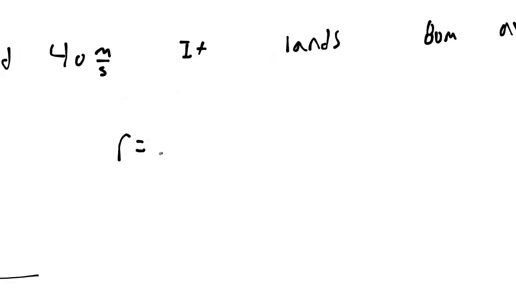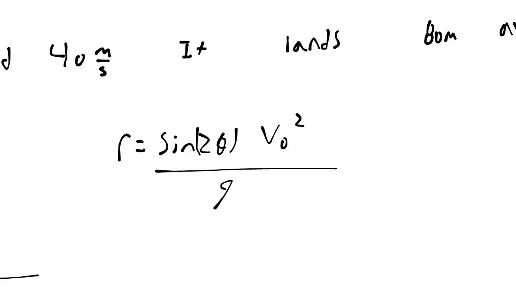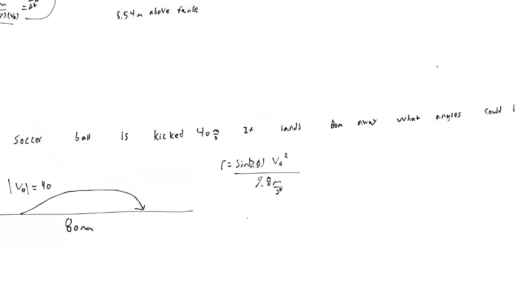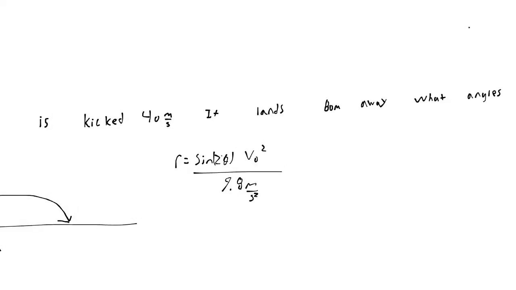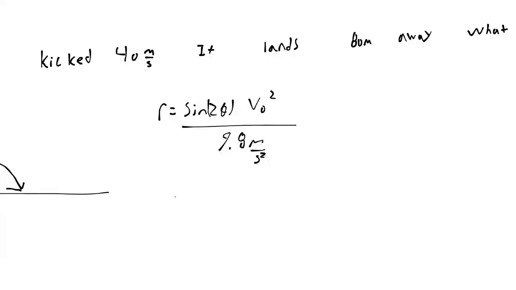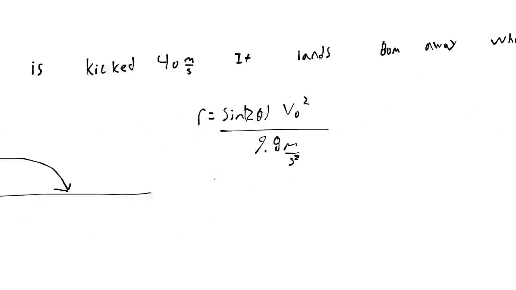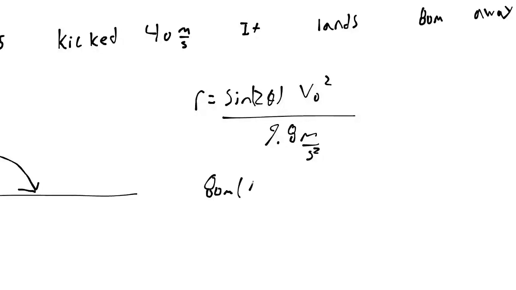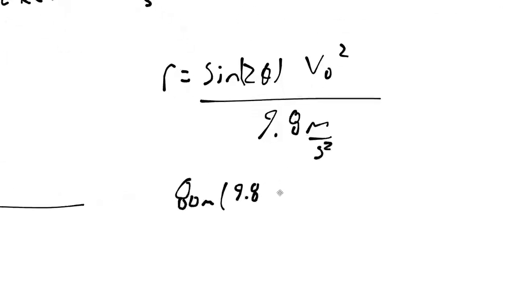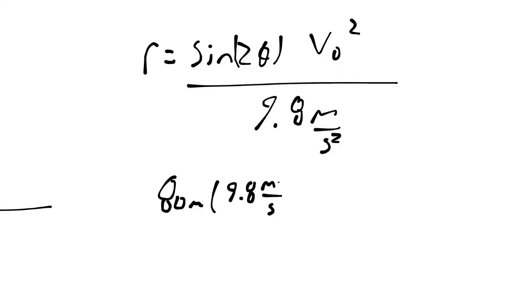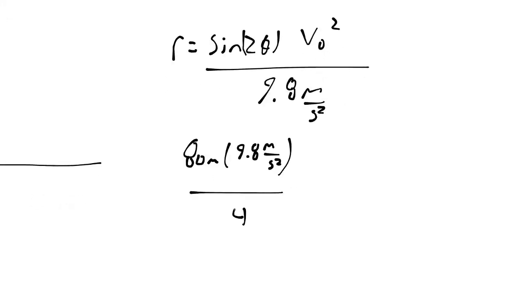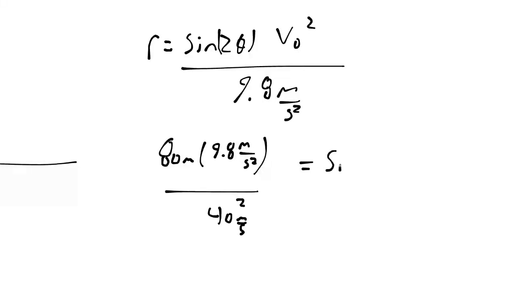Range equals sine 2 theta times V naught squared over 9.8 meters a second squared. Now we're just going to rearrange, since we're trying to find theta. The range is 80 meters, so I'll do 80 meters times 9.8 meters a second squared, divided by 40 meters a second, squared. And that is going to equal sine 2 theta.